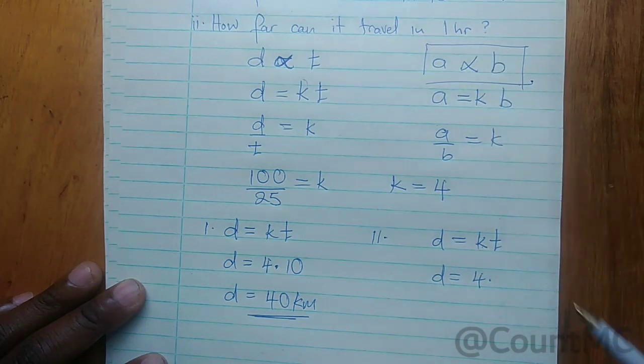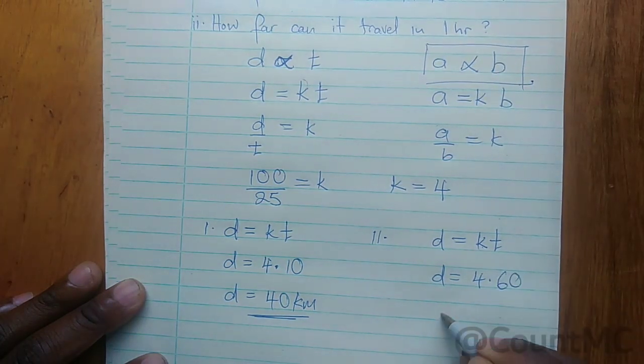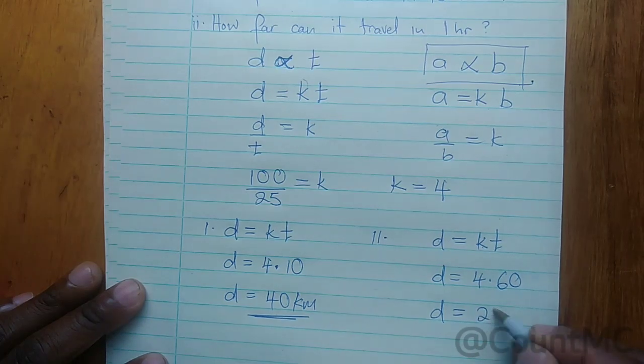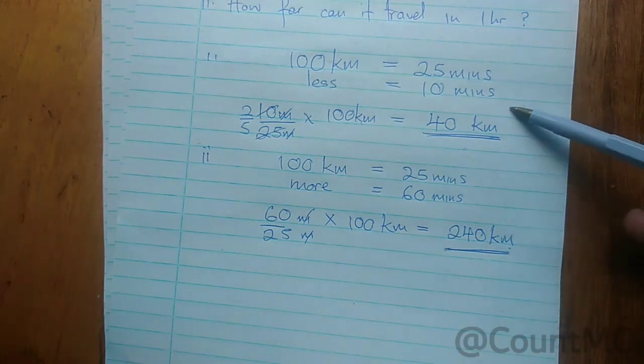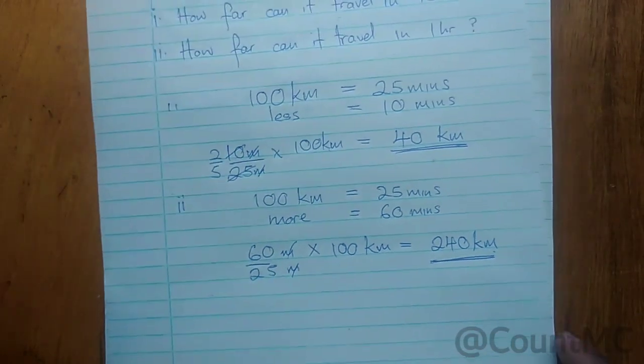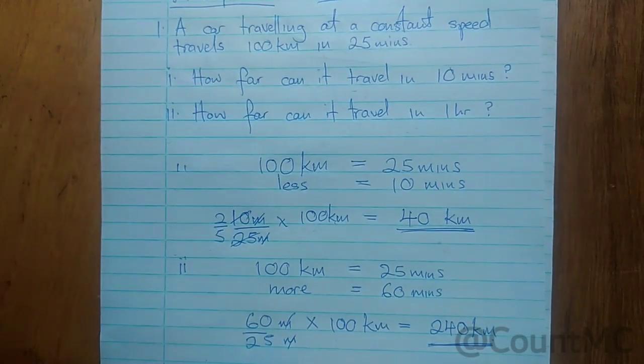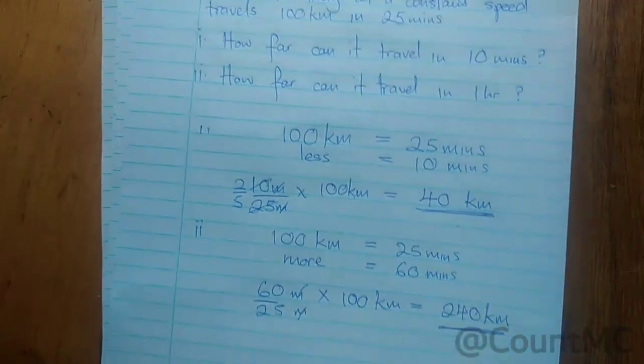So 1 hour should be 60 minutes. So 4 times 60, that's 240 kilometers. These are the same answers as we got when we did the same question in the previous video.